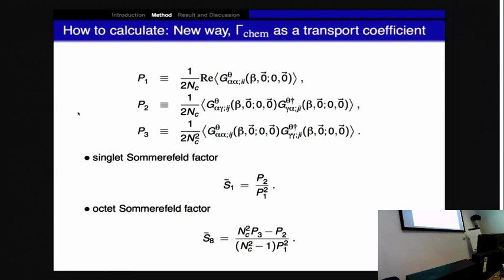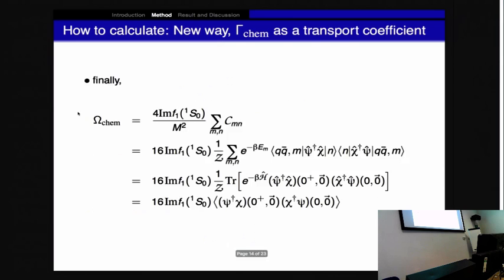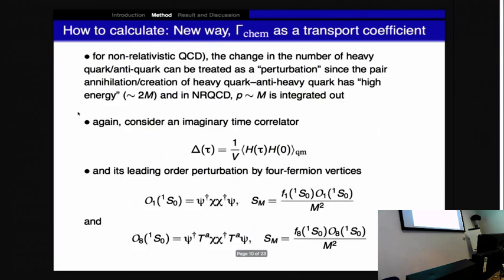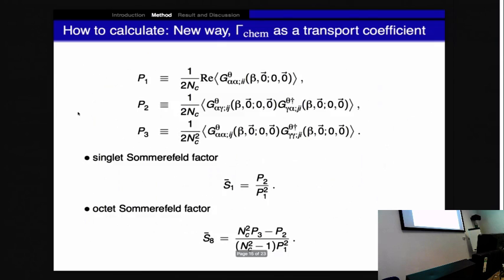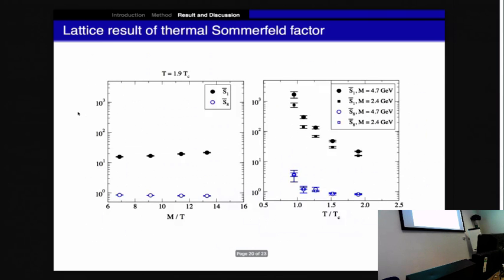So as far as I understand, your result is independent of the mass. Yeah, it depends slightly, but not that much, because this circle is the bottomonium case, and the square is somewhat lighter, and it still shows 100 enhancement.